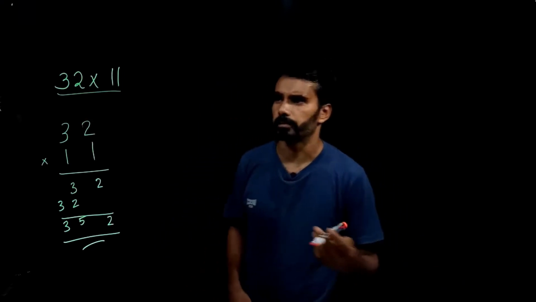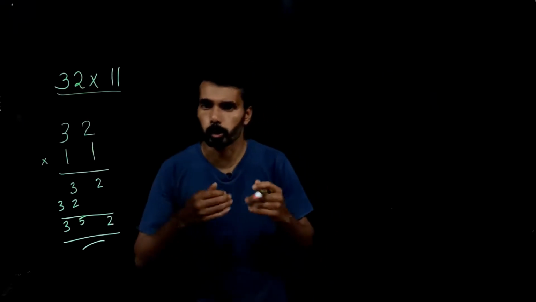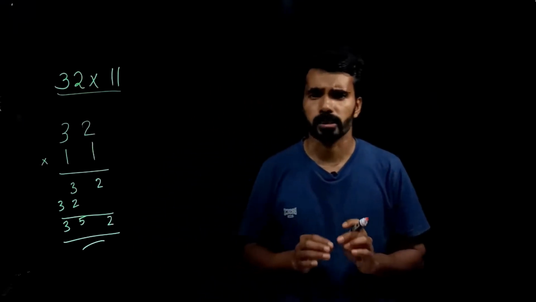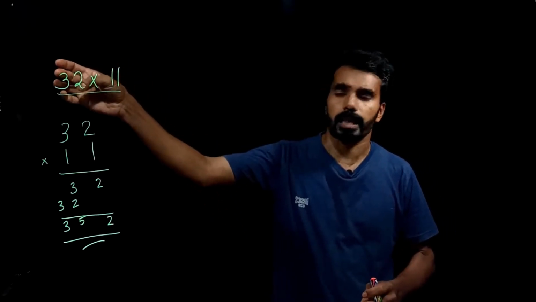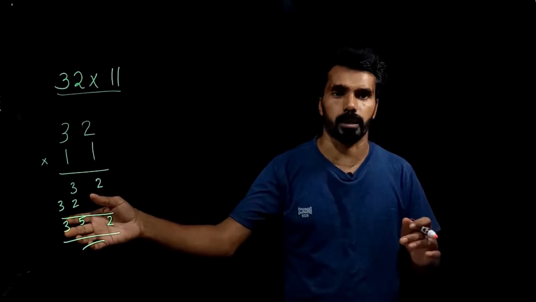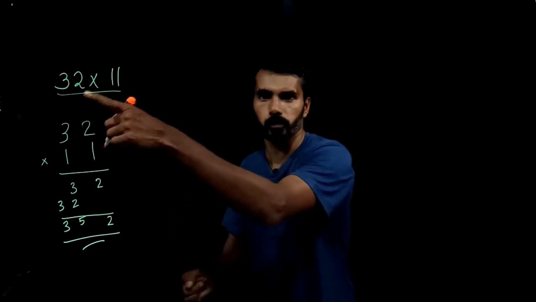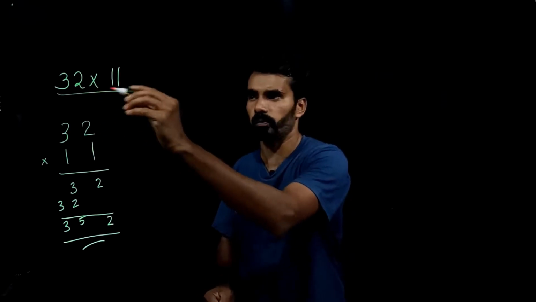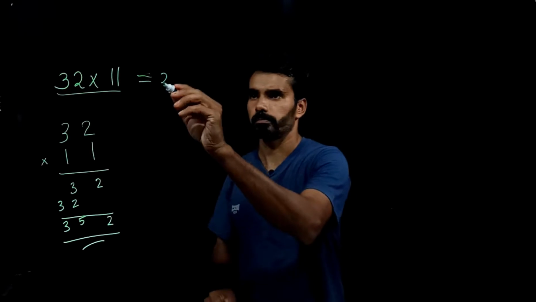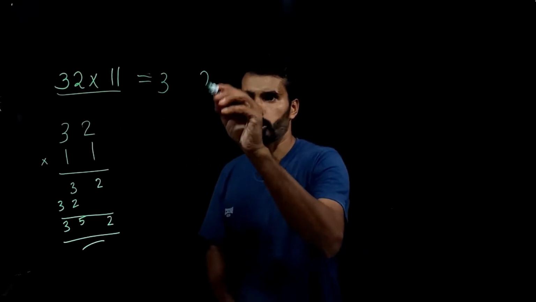Here, 32 into 11. To write its product, see here, it starts with the same number 3 and ends with the same number 2. So to find the product, we first write 3 itself, then end with the same number 2.